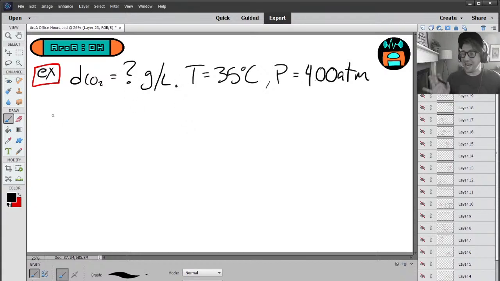All right, so one of the things that'll help this go a little faster is we just did a problem where we rearranged PV equals nRT.